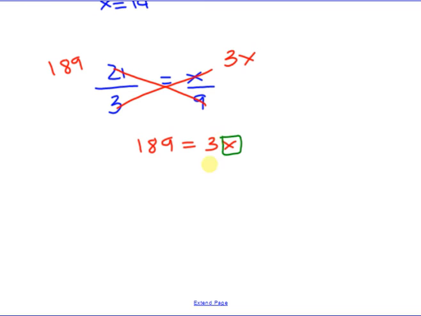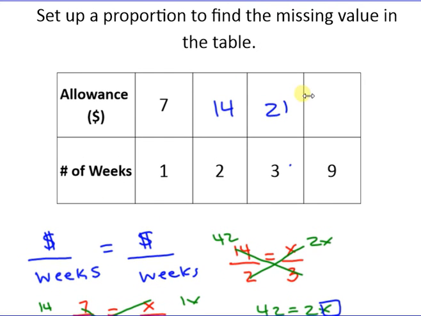Box the variable, divide by 3, divide by 3. Get my calculator. 189 divided by 3 is 63 equals x, because those cancel. X equals 63. So that's 63.